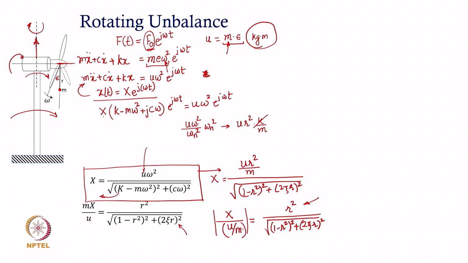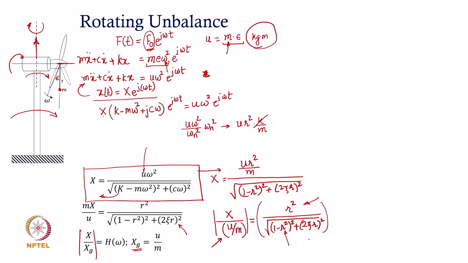Now, if we call this u over m as X g, then X over X g, which is the same as this, is your dynamic magnifier, or sort of a scaled frequency response function H omega. So, that ratio is this quantity, which now can be plotted, so as to see what kind of response we get by plotting this as a function of the frequency ratio.